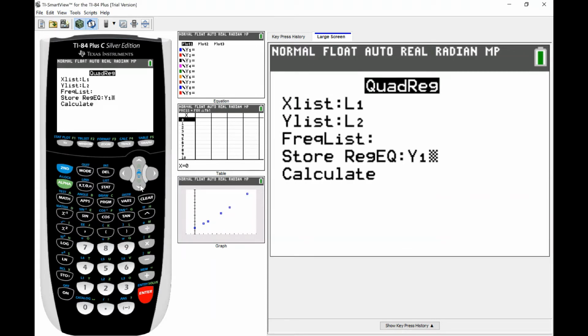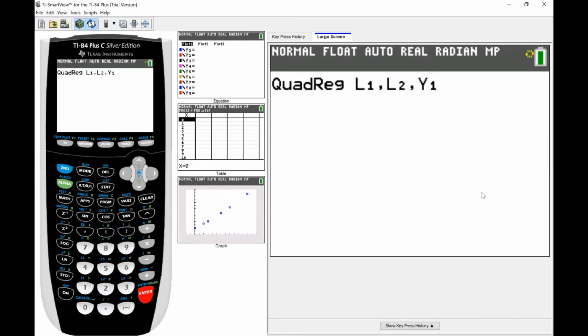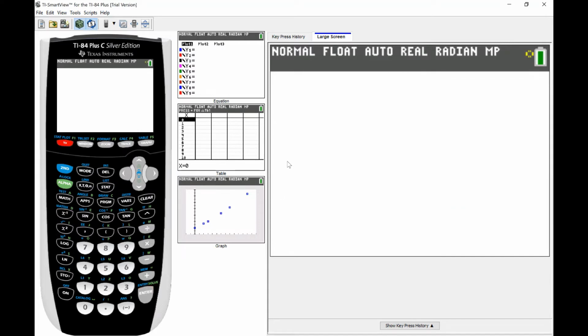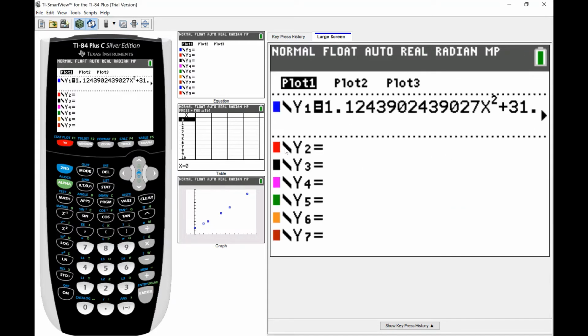So I'm telling my calculator to find this regression equation and then store it into y1. And now I'm going to calculate it. There's my equation. And if you go to y equals now, that equation is already stored in there and there's no rounding, or it goes out really far before it's going to round it.